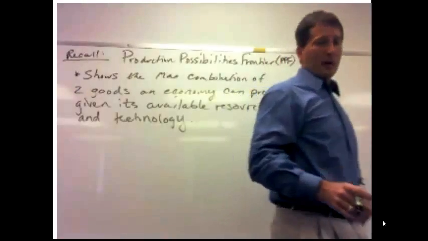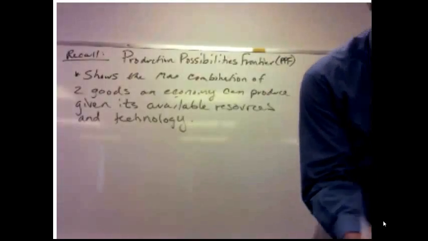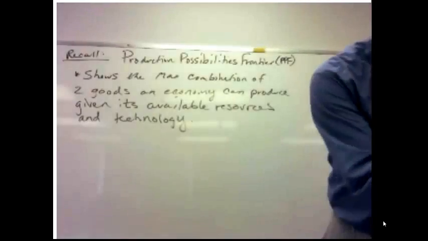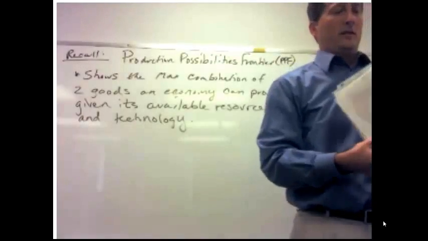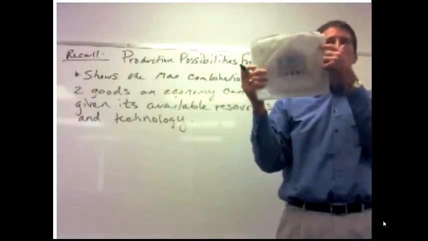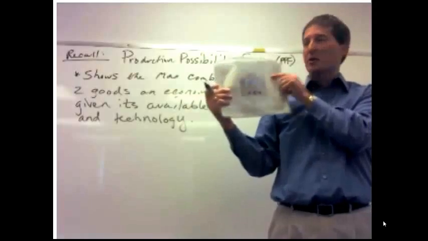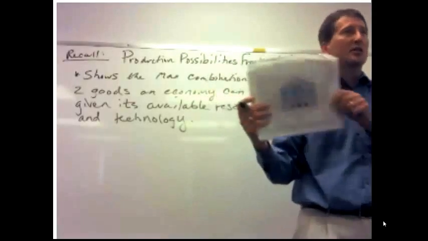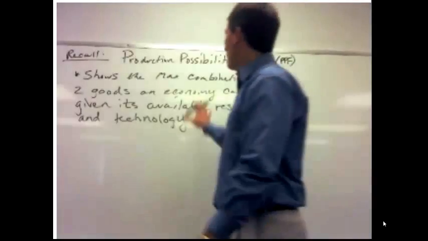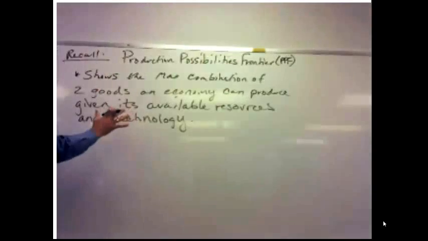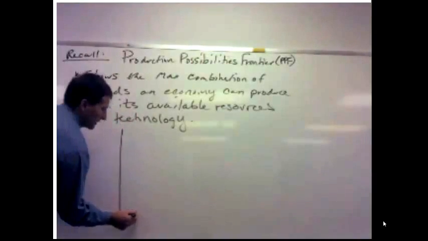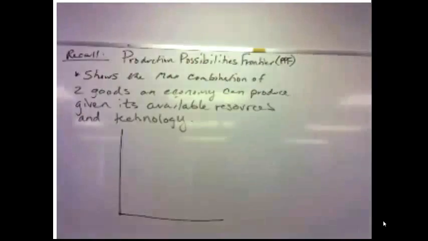So if we add up all of the resources on our island today, land, labor, capital, entrepreneurship, how much stuff could we make? With this economic model, we just look at two goods.